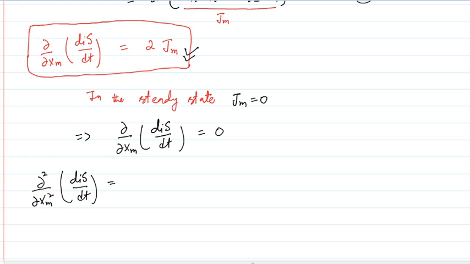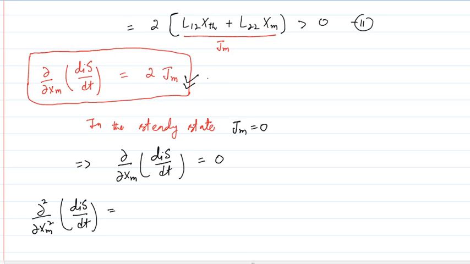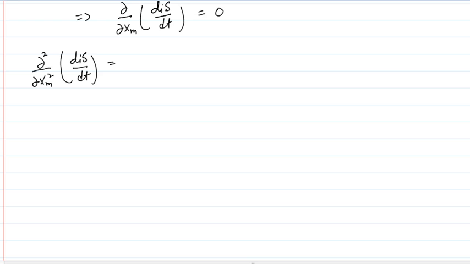Suppose this is equation number 12. So here we will write simply dou upon dou xm of twice Jm, but here you have to remember we are taking xth as constant. That means at constant xth.